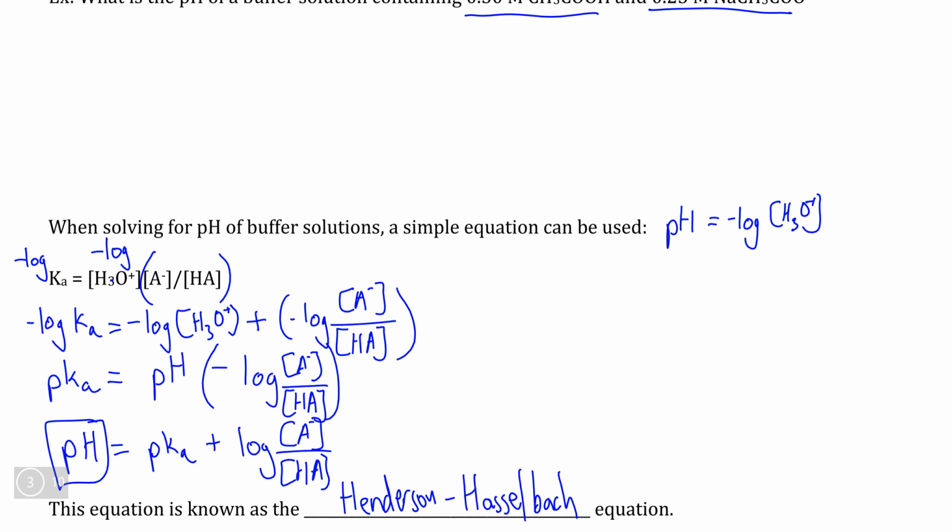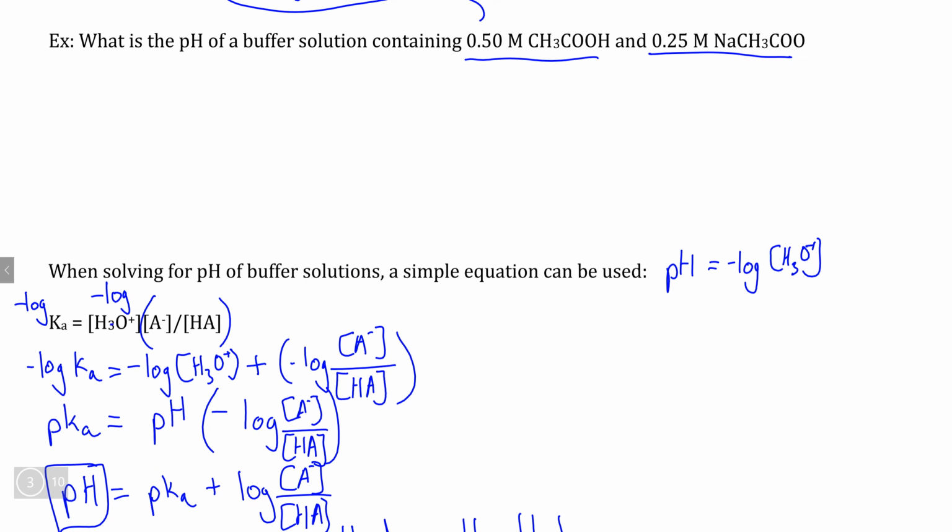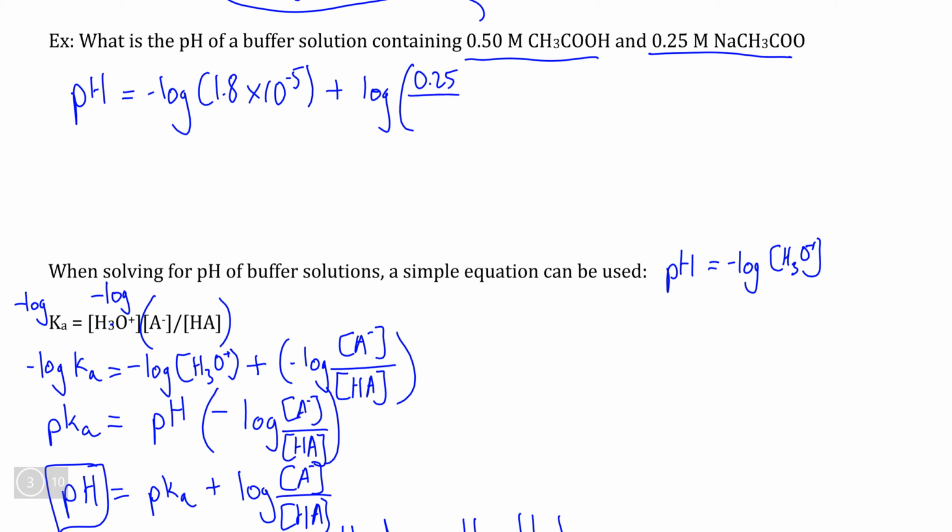Now that we have this form, we can directly use this formula and put these concentrations directly into it. So the pH of our buffer solution is equal to the pKa, which is the negative log of Ka, 1.8 times 10 to the negative 5, plus the log of the ratio of the two concentrations. So our concentration of acetate is going to be 0.25, and the concentration of acetic acid is going to be 0.5.